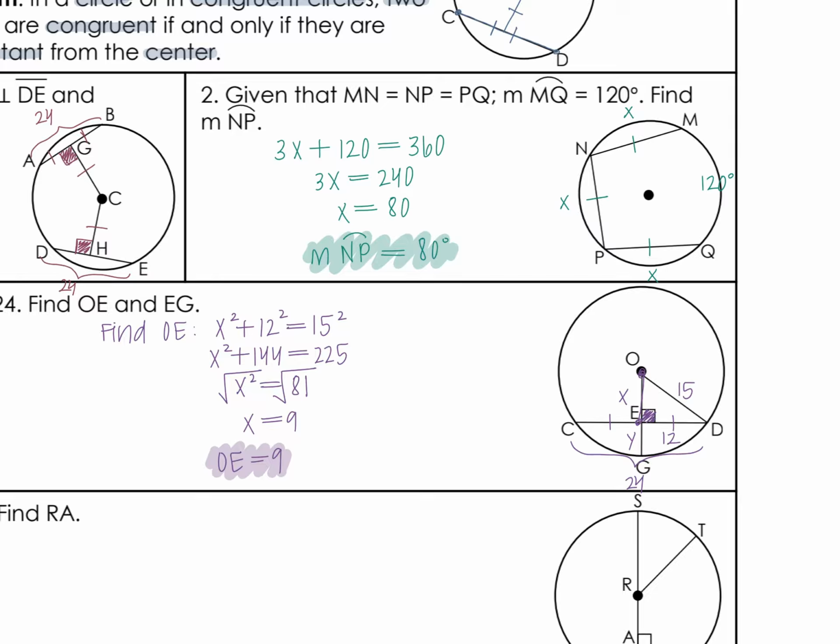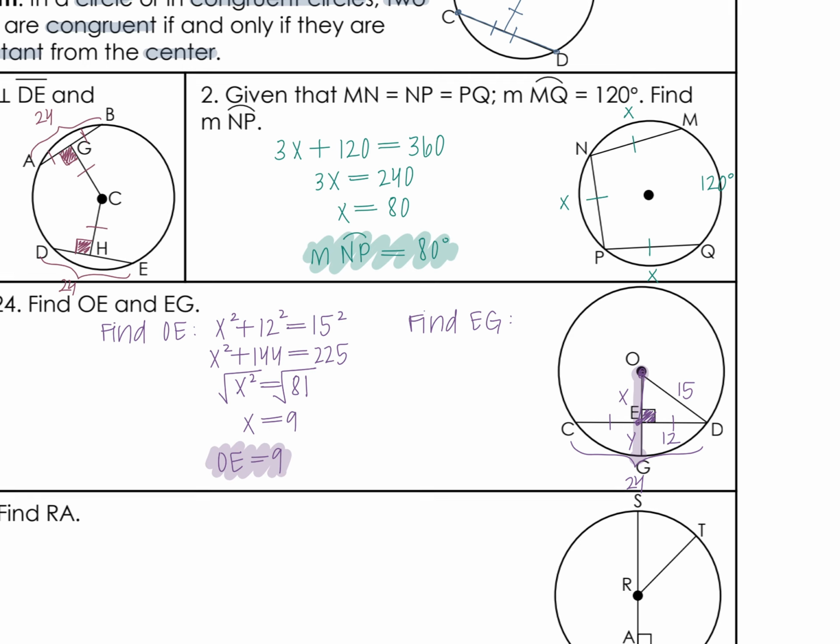All right. From that, we can move into finding EG, which is the y that I labeled. What I'm going to use here is the fact that from O all the way to G, that whole line, is a radius. It goes from the center to a point on the circle.